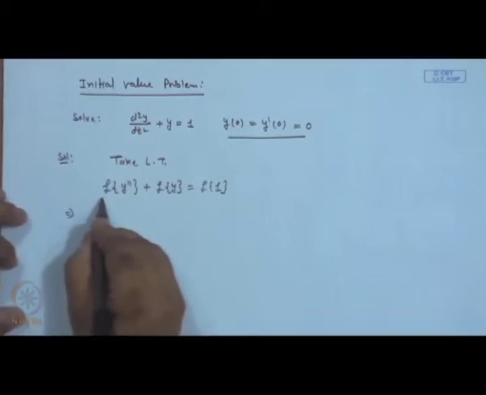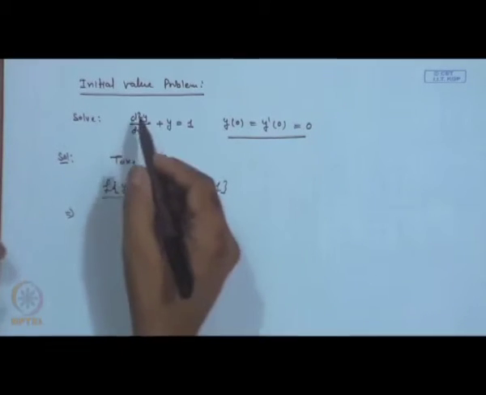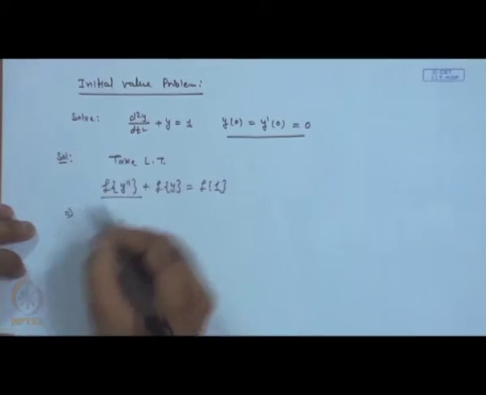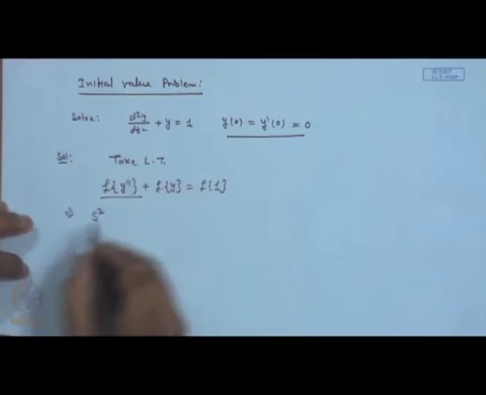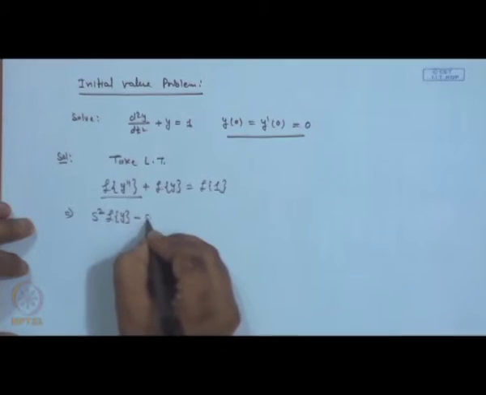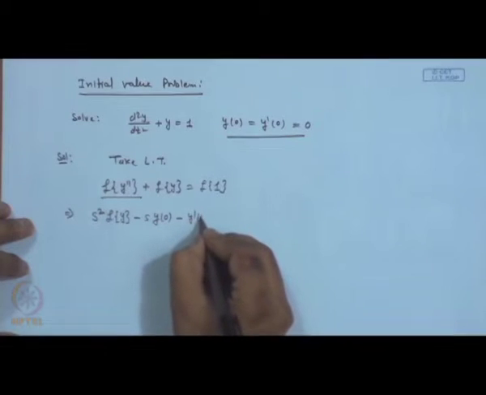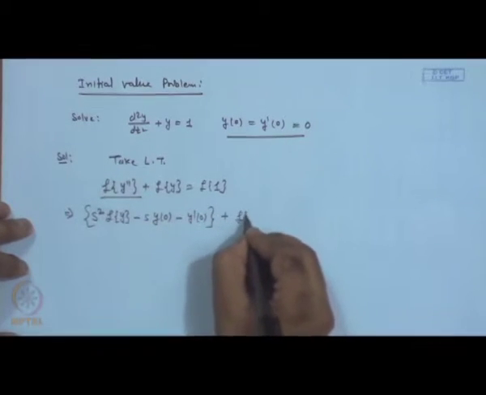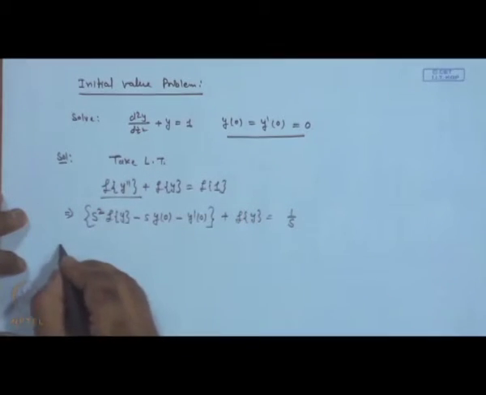By the derivative theorem, that is the point where we use the initial value problem, we have s squared Laplace of y minus s y(0) minus y prime(0), and then we have Laplace of y and Laplace of 1, that is 1 over s.